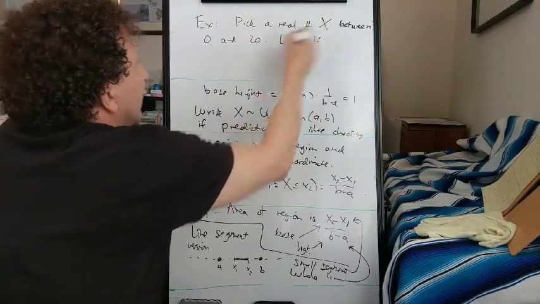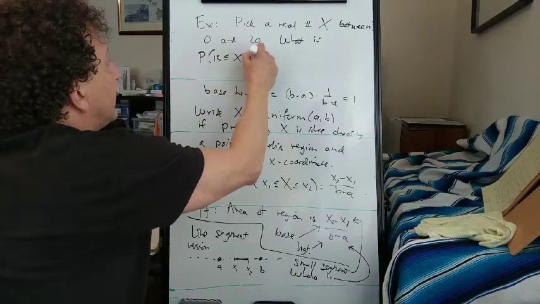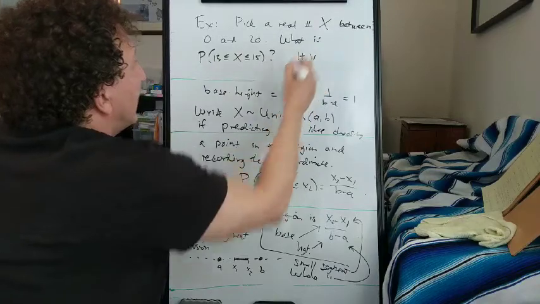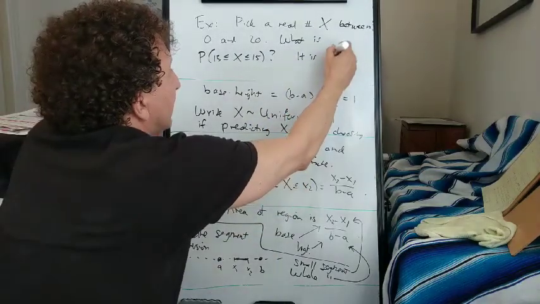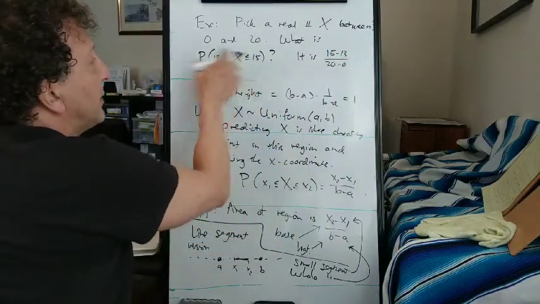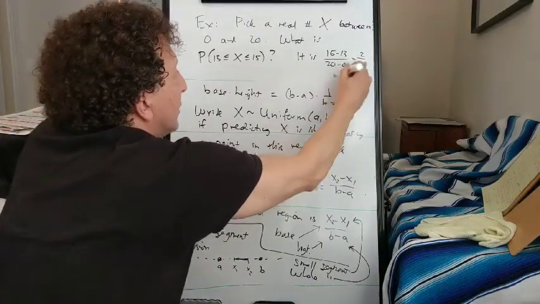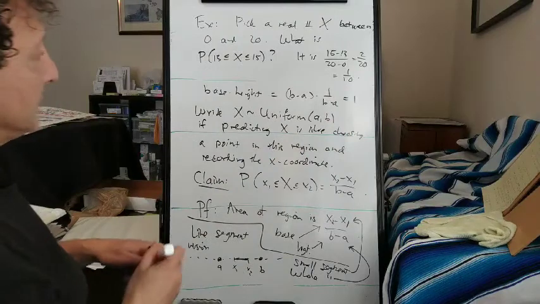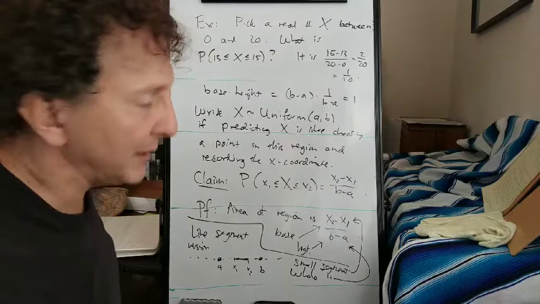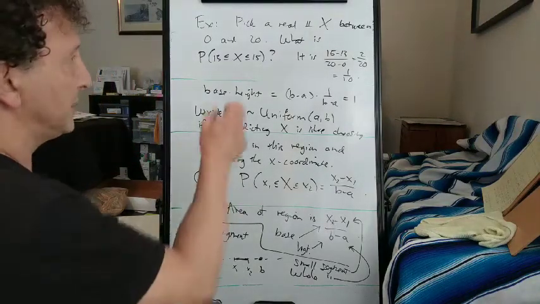And then ask, what is the probability that x is between, say, 13 and 15? So it's just 15 minus 13 over 20 minus 0. So the length of this segment divided by the length of the whole segment. So it's 2 over 20, which is 1/10. So these continuous random variables are so easy that we don't even really need to integrate, because we can just take length over length.